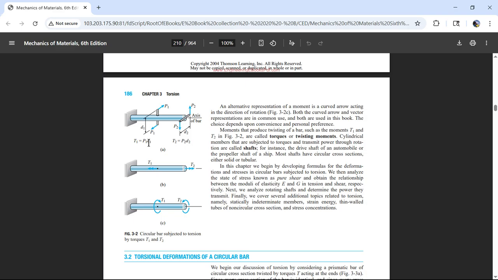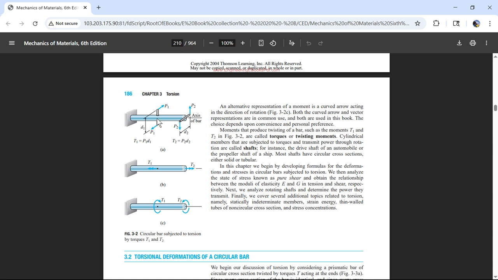I think people just go from memory on that one, but if you don't know where it comes from, other than the fact that if I have a couple, it's just this force times that distance, set it up, sum the moments from right here in the middle, and then see that it's half the distance times P1.